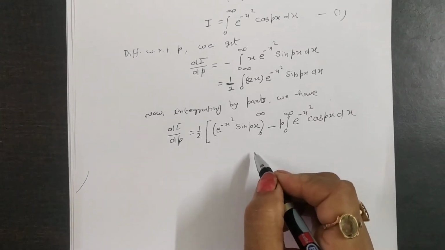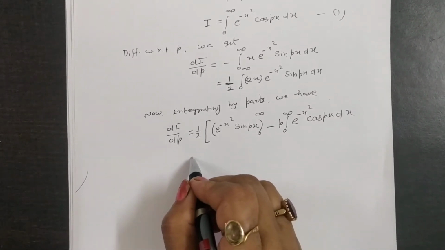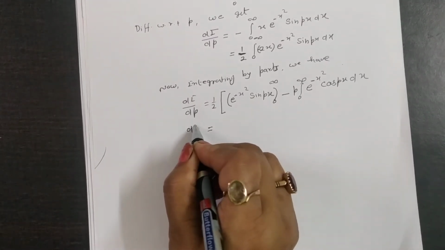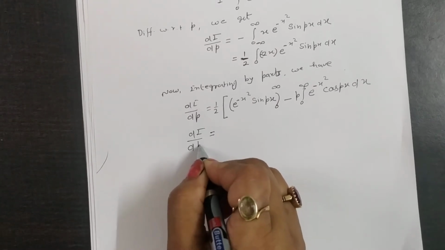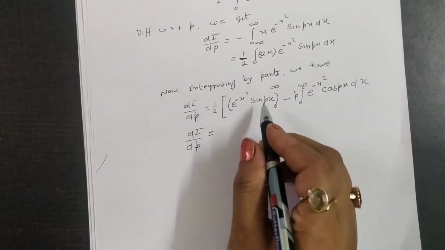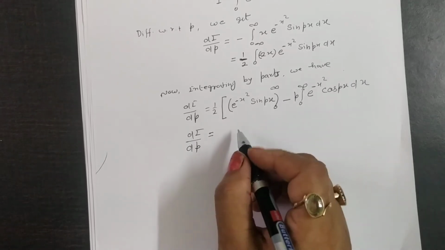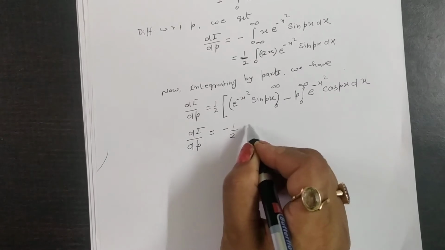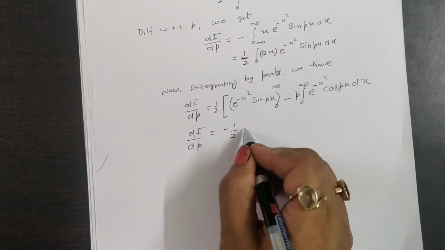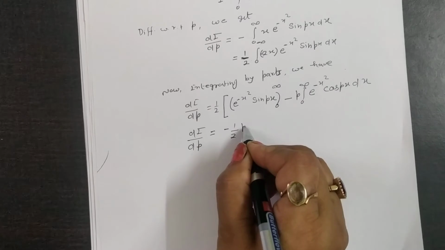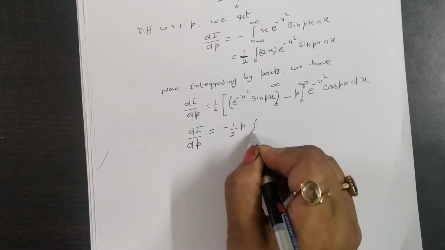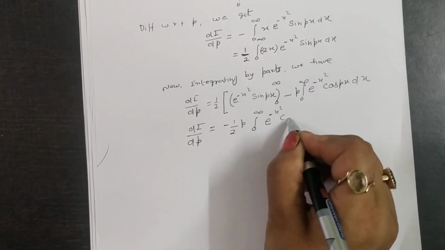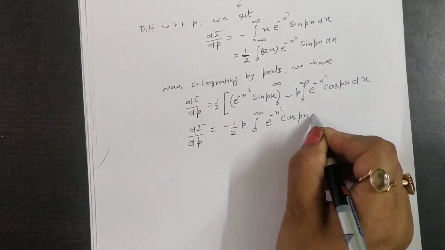Now taking the limit, the first term becomes 0, so dI by dp is equal to minus p by 2 times the integral from 0 to infinity of e to the power minus x square cos px dx.